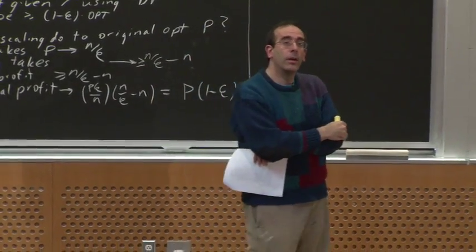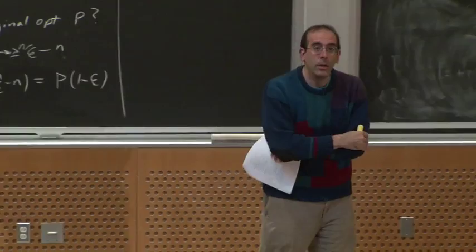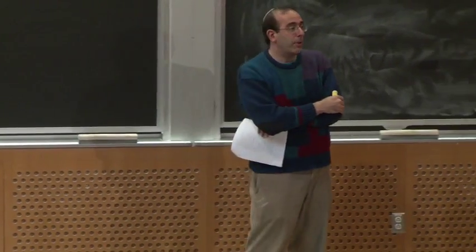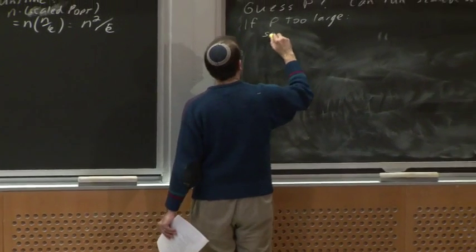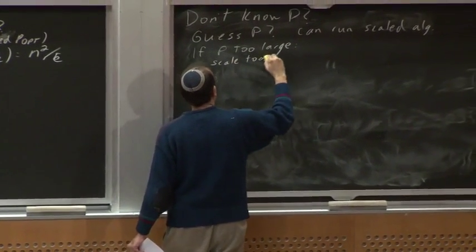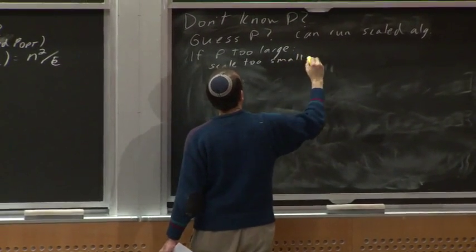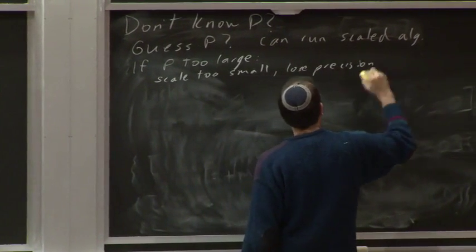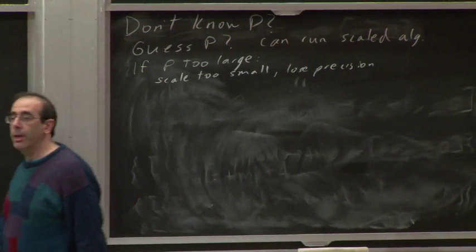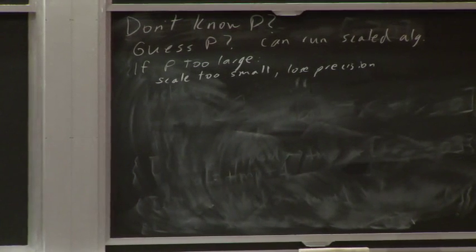You scale your p_i too much and you lose precision. What are the consequences going to be of scaling the p_i too small?